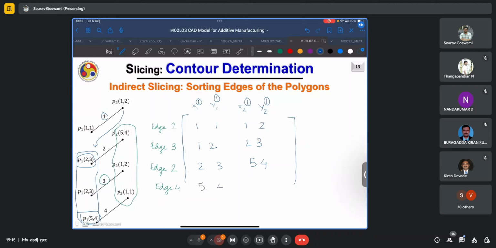So here we have 5 4 and 1 1. And as our requirement was to make a closed contour, the last two entries, that is x2 and y2 here, should match with the first two entries x1 and y1, and they do. This signifies that the contour is closed. Of course, any valid solid, when sliced by a slicing plane, will never end up with an open contour, because that will signify that some triangle is missing, which will lead to an error in our STL file.